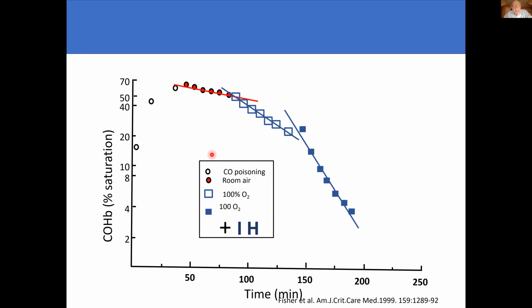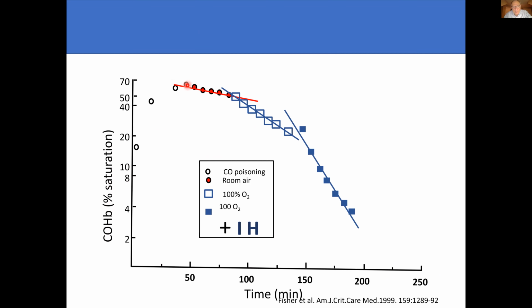This is an experiment in a dog. Time is on the x-axis. Carboxyhemoglobin concentration, the carbon monoxide saturation, is here, and it's a log scale. So we exposed the dog and poisoned the dog with carbon monoxide to about 70%.